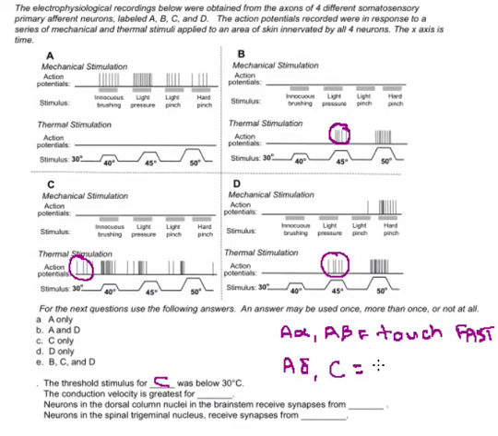Whereas these two have to do with pain and temperature, and they're slowly conducting fibers. With this information, we can determine which of these neurons will have the fastest conduction velocity. So we'll be looking for something that's representative of an A alpha or A beta fiber.